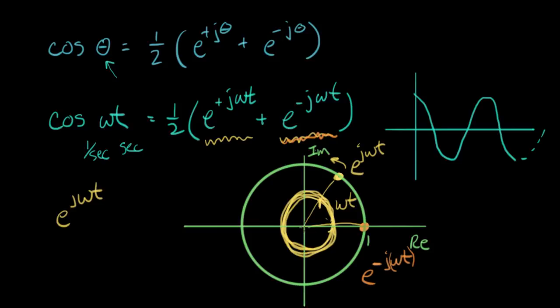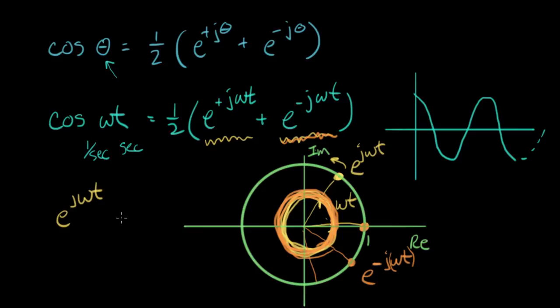So after a little bit of time, it's here, and after a little bit more time, it's here. And what we notice is it rotates this way. This is what happens when you have e to the minus j omega t. You rotate in this direction, and it keeps going and going and going. So these two numbers are pretty similar in behavior, except one rotates counterclockwise and the other rotates clockwise in our coordinate system, which is the complex plane.